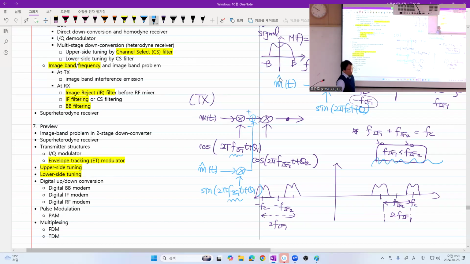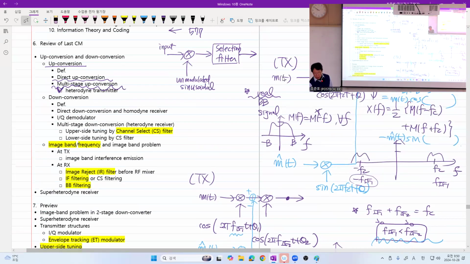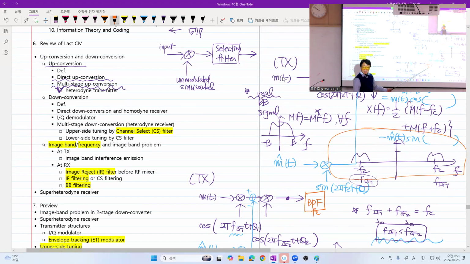Anyway, then what do you want to do? If your desire was to have this output eventually, what do you need here? You need a bandpass filter that passes the signal around F sub C. Got it?